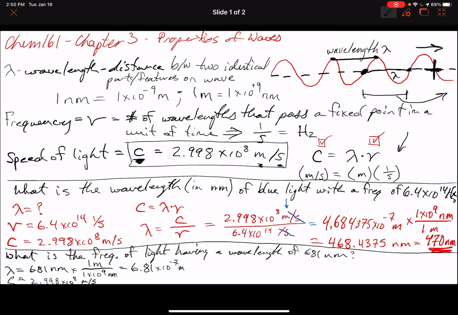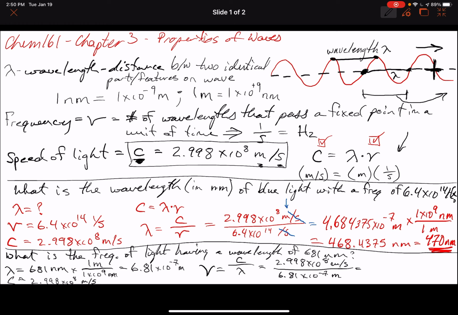So frequency is equal to the speed of light divided by the wavelength. So this is going to be 2.998 times 10 to the 8 meters per second divided by the wavelength now in meters, as we've primed it a moment ago, 6.81 times 10 to the minus 7 meters.